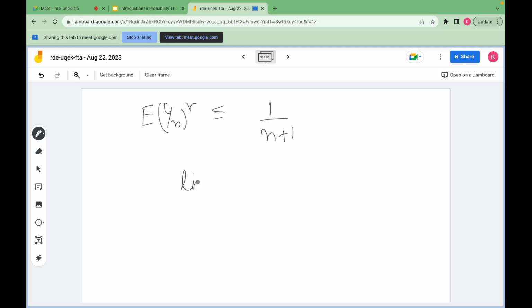As n tends to infinity, this expectation of Yn^r is going to be 0, right? Because 1 upon infinity is 0. So we can say that Yn converges to 0 in the rth moment.